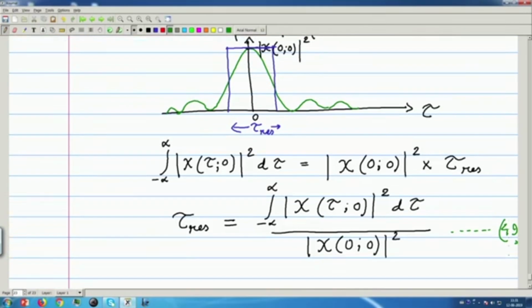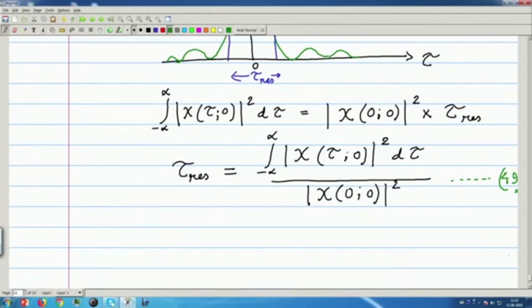Now, instead of the range ambiguity function, I can also write this equation in terms of the autocorrelation function, because ultimately from a given time waveform that autocorrelation function will matter.